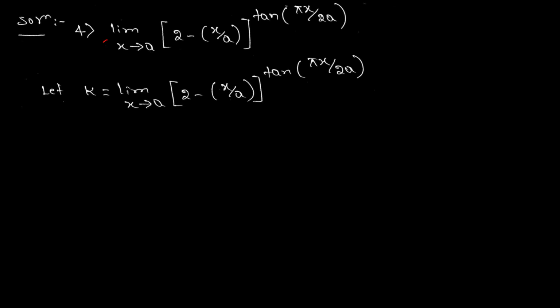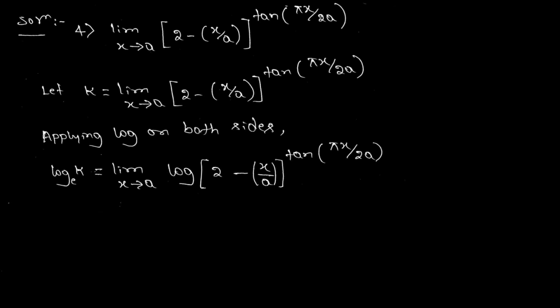Let us call this limit as k and apply log on both sides because it looks like function to the power function. It is clearly visible, function to the power function. So in such cases, as I said, we need to apply log first on both sides. We have applied log on both sides here, as you can see.